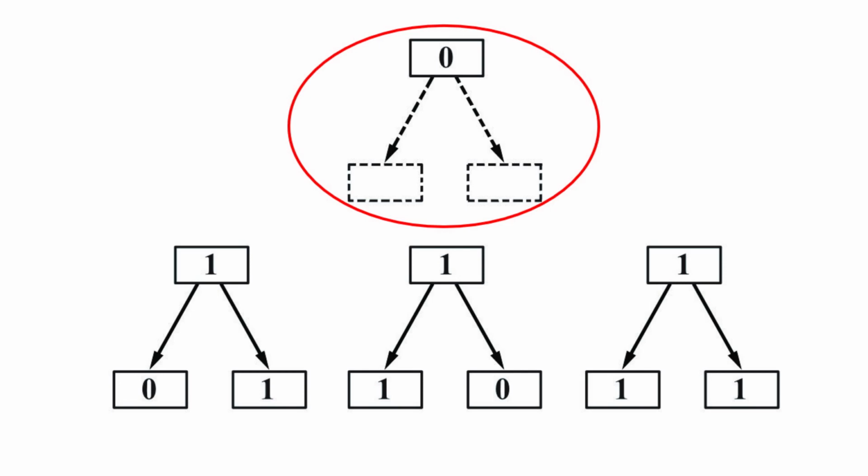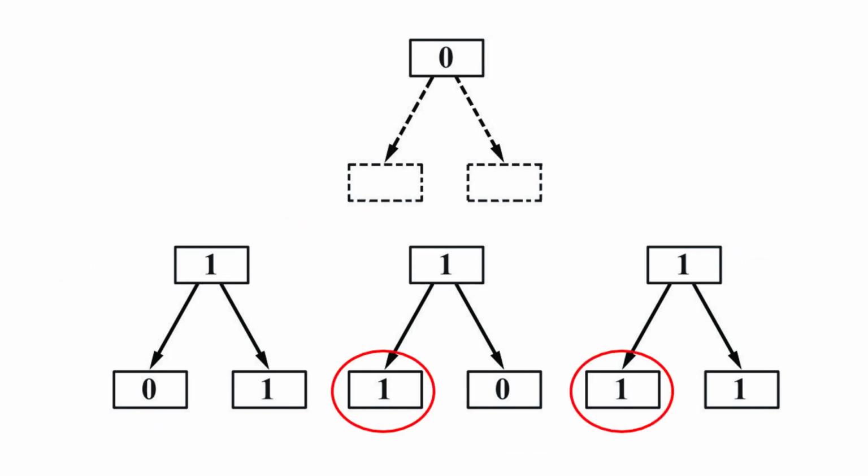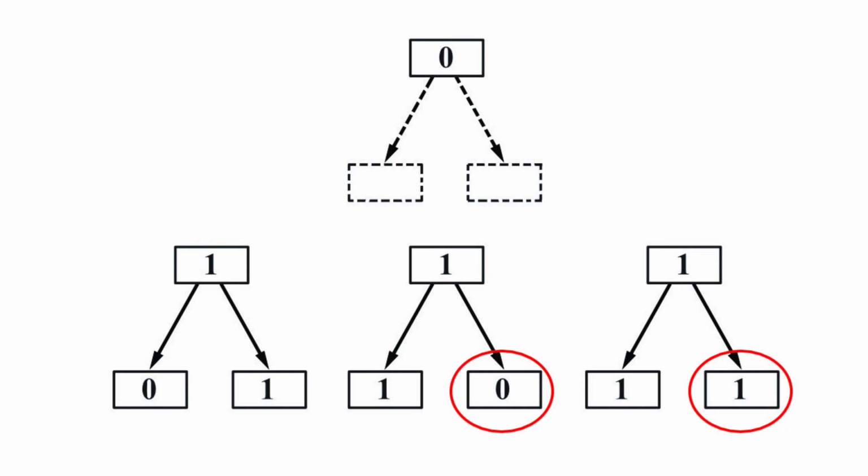If the parent node is 0, then no further tests are conducted. But if the parent node is 1, there are 3 possibilities. If the left node is 1, then the right node can be either 0 or 1. But if the left node is 0, then we don't need to test the right node anymore, because we know for sure that it must be 1.